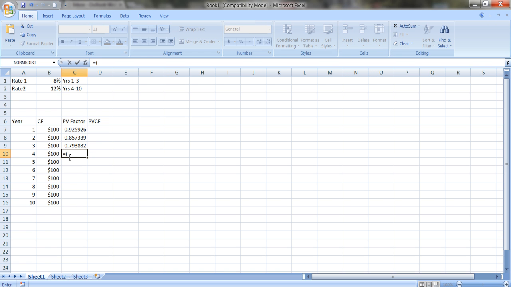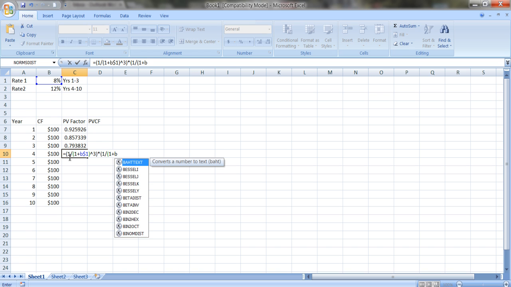So we're going to put a formula in that says 1 divided by 1 plus the interest rate that's in B1 raised to the third power, okay, times 1 divided by 1 plus the interest rate that's in cell B2, $2, and we want to raise this not to the 4th power, but to the first power.